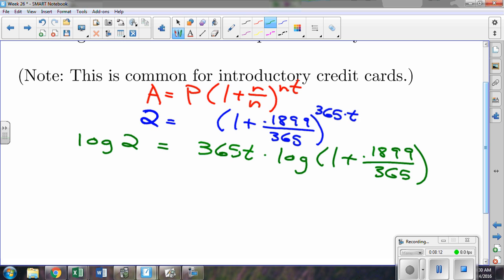Then what? What do we have to do to isolate the t by itself? What did we do last time? We divided by the logarithm of that blob.